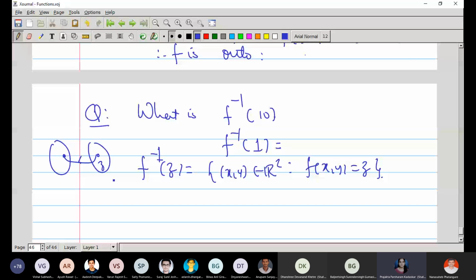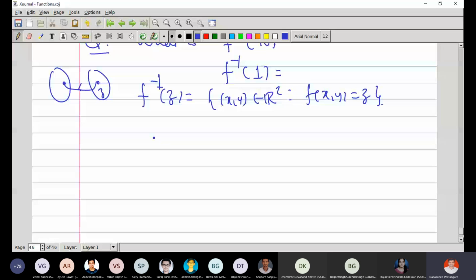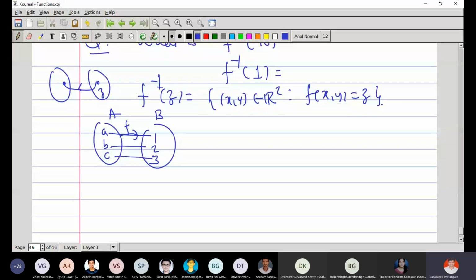Can you explain f inverse again? Inverse means inverse image. For example, I have A, B, C and 1, 2, 3, and this is my function f from A to B. Suppose A goes to 1, B goes to 2, C goes to 3. That means f of A is 1, f of B is 2, f of C is 3.